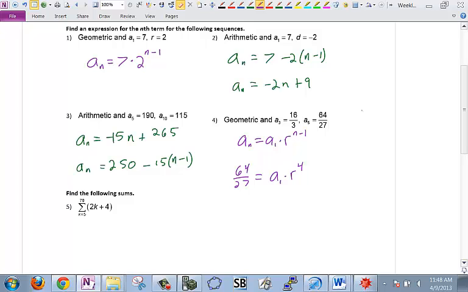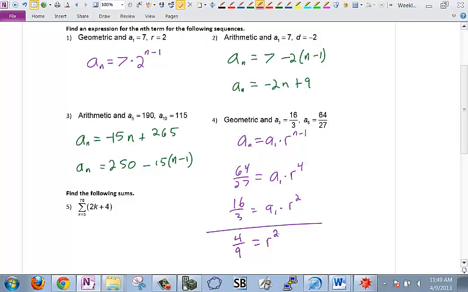Because it's the 5th term. And 16 thirds is a1 times r to the 2nd, because it's the 3rd term. When we divide these, 64 27ths divided by 16 thirds is 4 ninths. A's cancel, and you get r to the 4 minus 2, r squared.